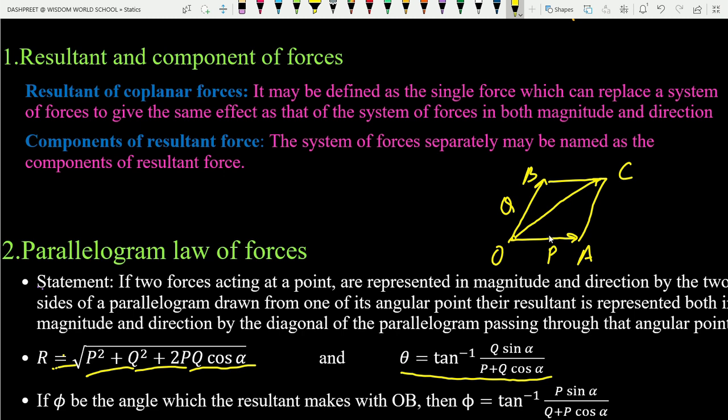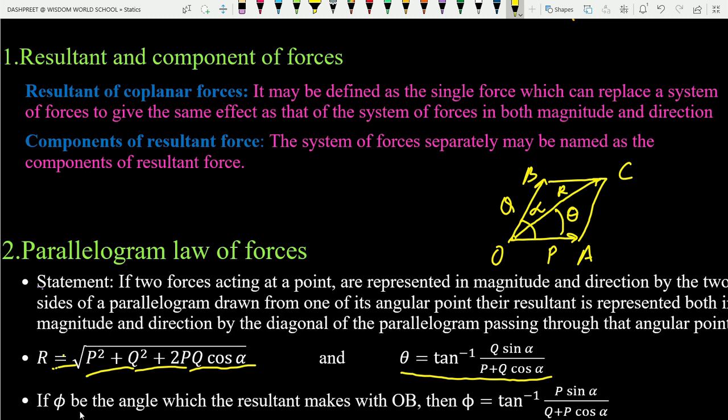Here alpha is the angle between the two forces P and Q, and theta is the angle between the resultant force R and P.